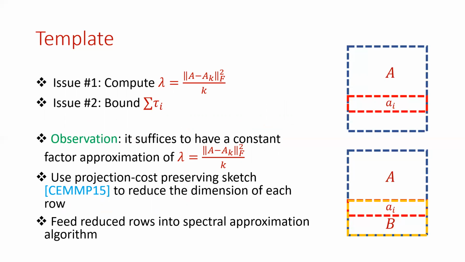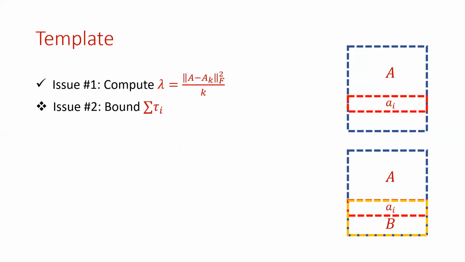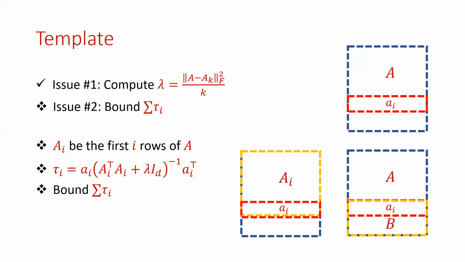And then we use known projection cost-preserving techniques to approximate this lambda. For the second issue, we need to bound the sum of the reverse online ridge leverage scores. To do this, we note that their sum is equal to the online ridge leverage scores of the matrix whose rows appear in the inverse order.